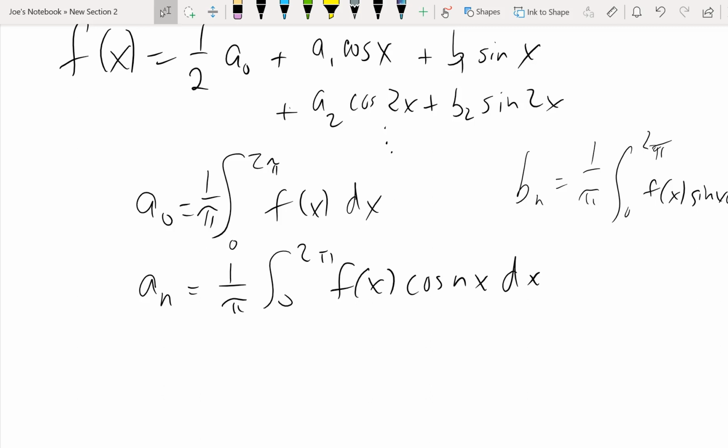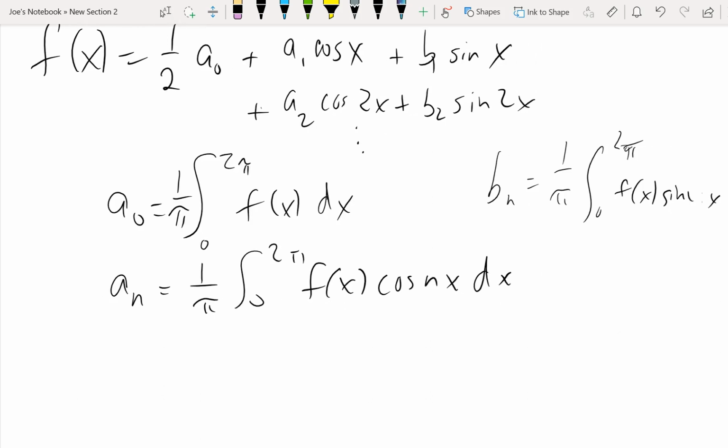And the numbers that are out in front here will be 1 over half the period. Notice that pi is half of the period, right? And then the last thing we have to do is make sure we change the period. Oops, I forgot my n on that sine x over there. We need to change the period of our sine and our cosine function.